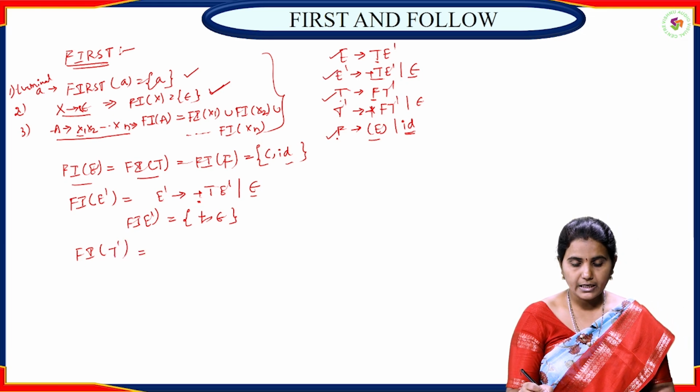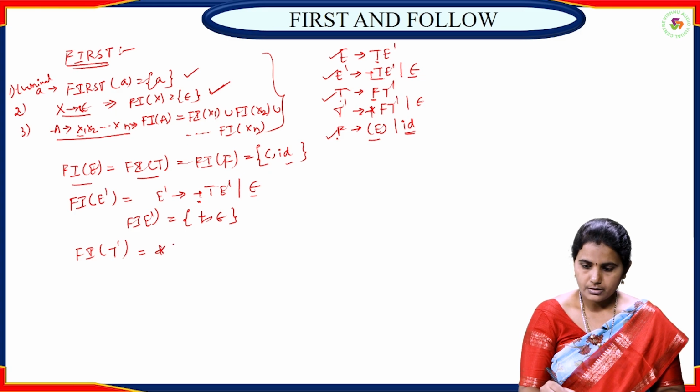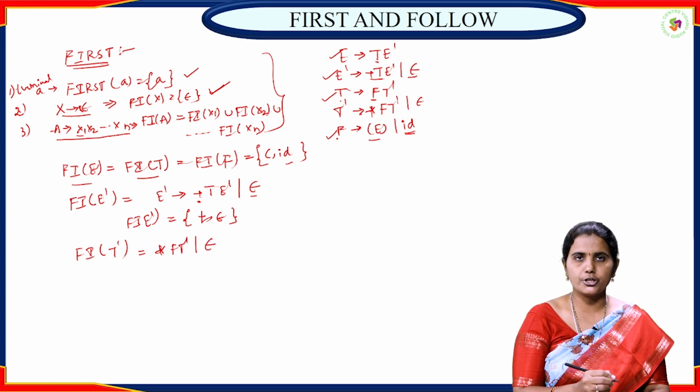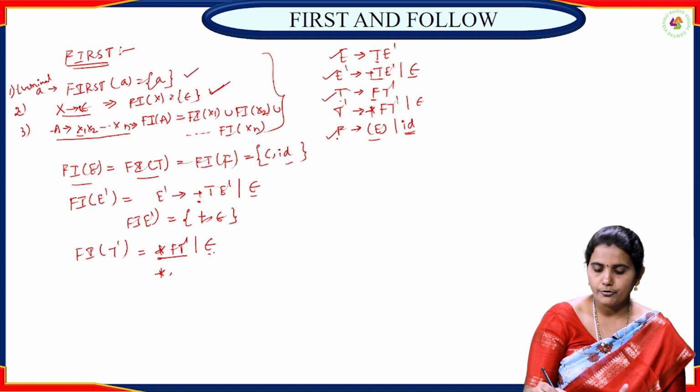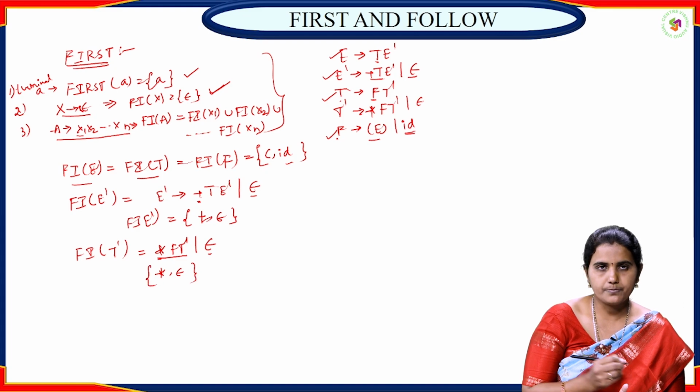Now first of T dash equals star F T dash or epsilon, meaning two productions. Again, for the first production, starting with a terminal symbol, your output is that terminal, then followed by epsilon: whenever the right hand side is epsilon, your output is also epsilon.